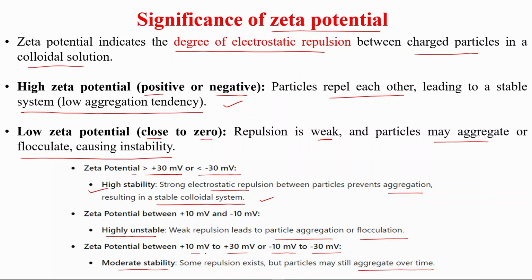And if the value ranges between minus 10 millivolt to 10 millivolt, then we'll say that it's highly unstable, because there will be weak repulsion and the particles will aggregate or flocculate. So an unstable system will be there. But if the zeta potential lies between plus 10 to plus 30 or minus 10 to minus 30, then we will say that we have moderate stability, that some repulsion will exist, but particles may aggregate over time.